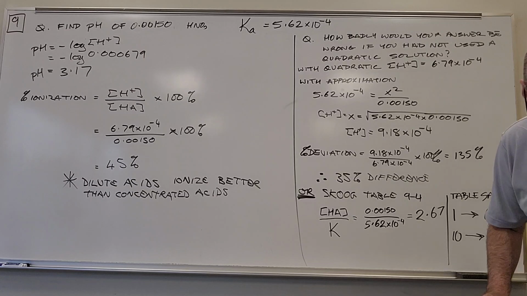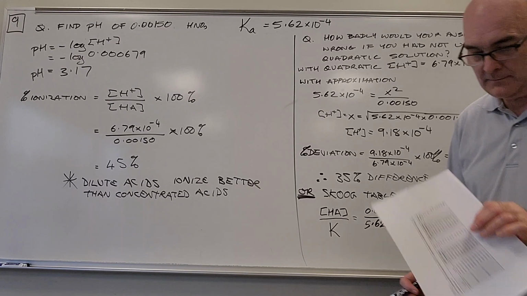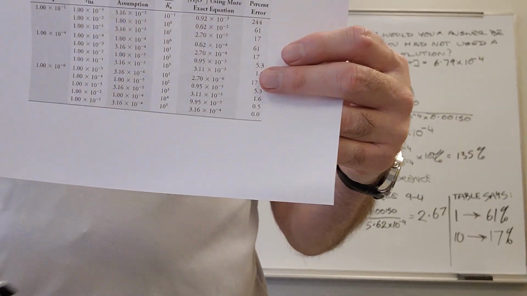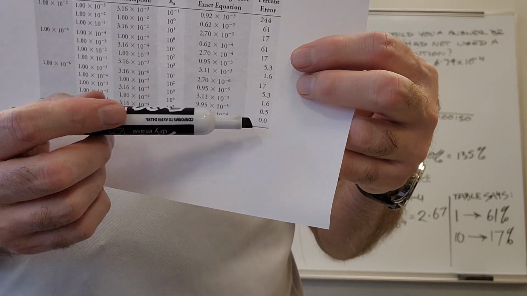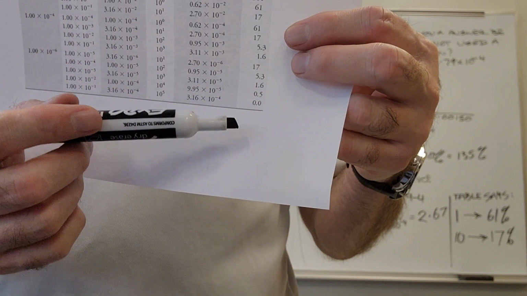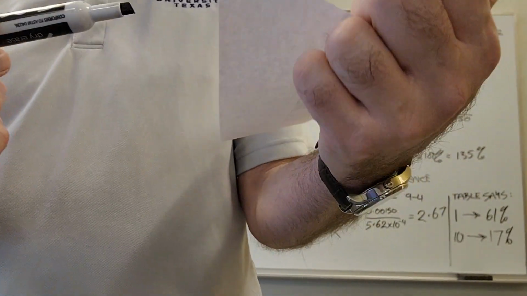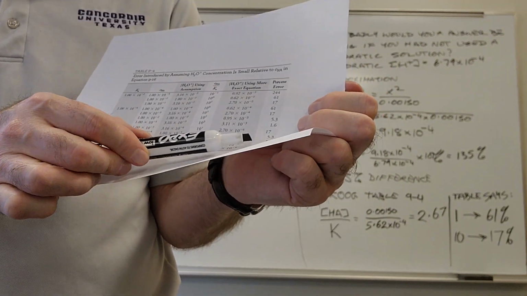The table tells us this safe region right down here at the bottom, that the error associated with introducing the approximation is safe here. You're only introducing a fractional percentage of an error.